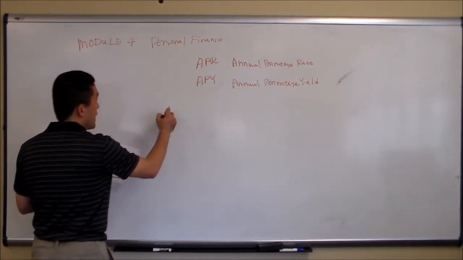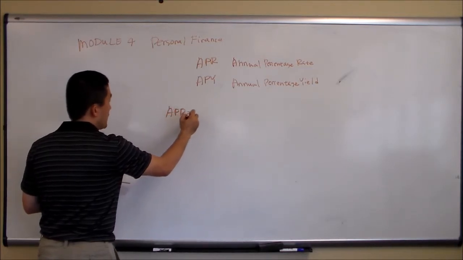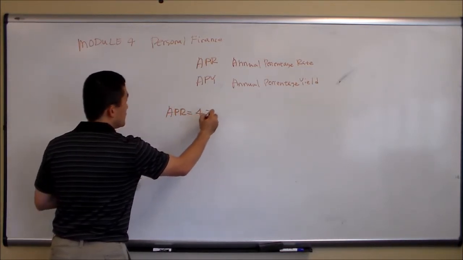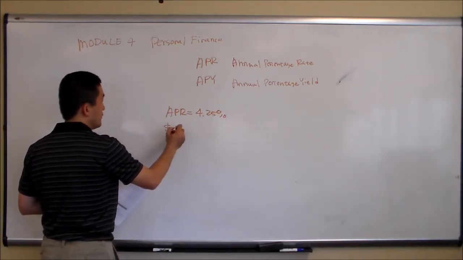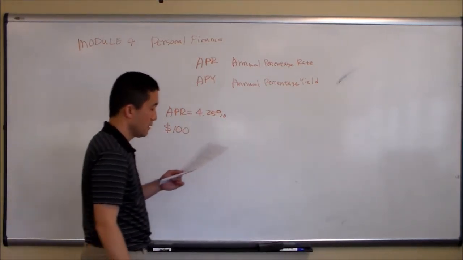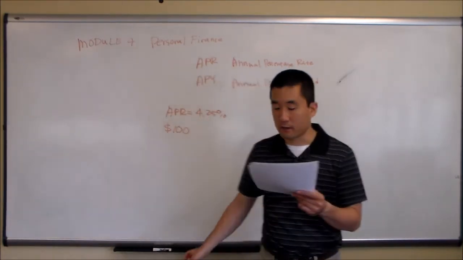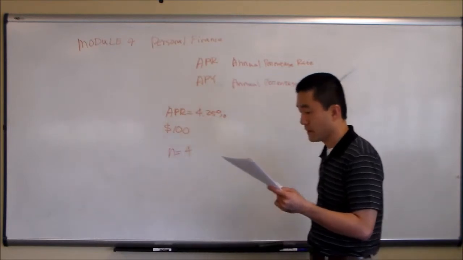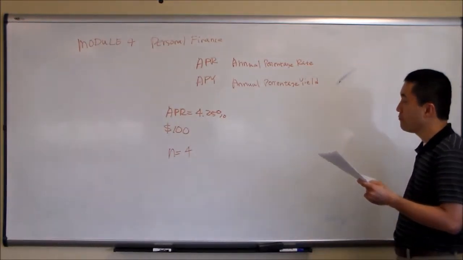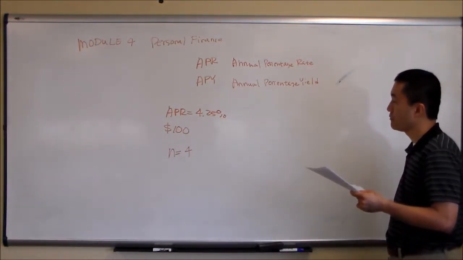So say your bank quotes you APR of 4.25% for a $100 loan, and you're going to pay back quarterly, so 4 times. What's your APY? Okay.